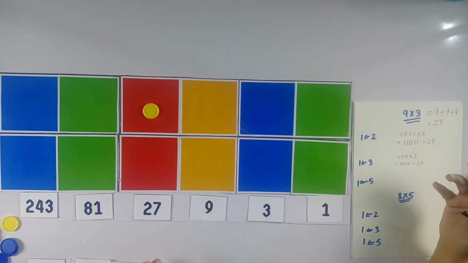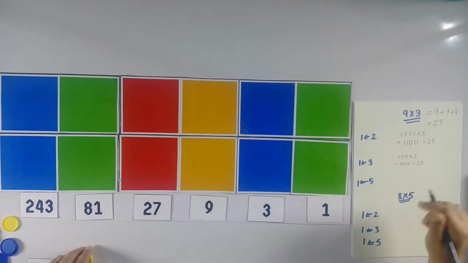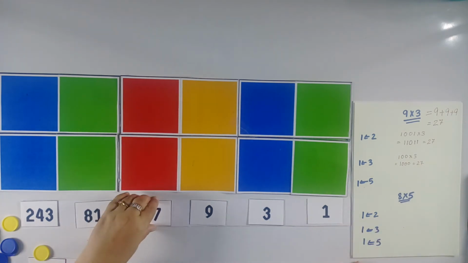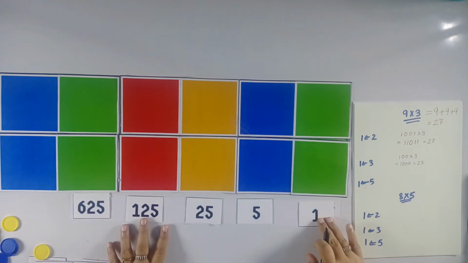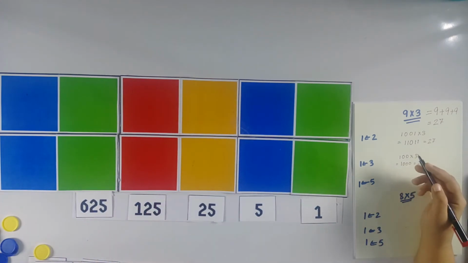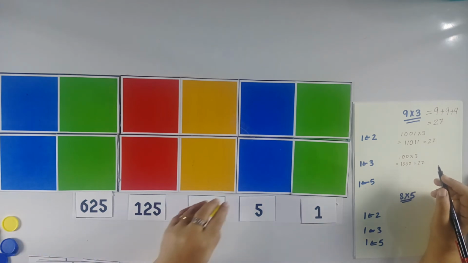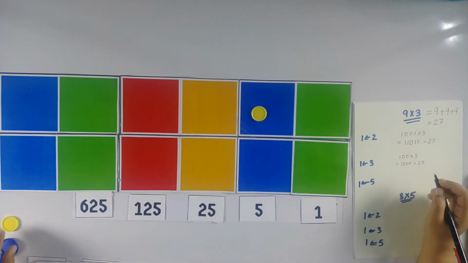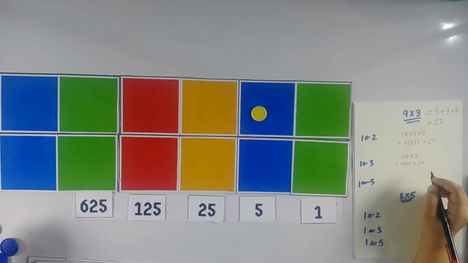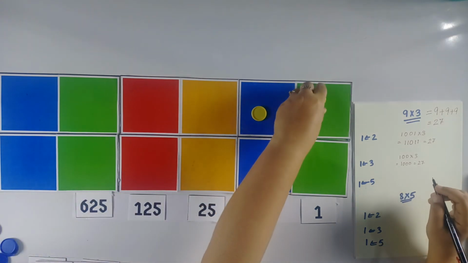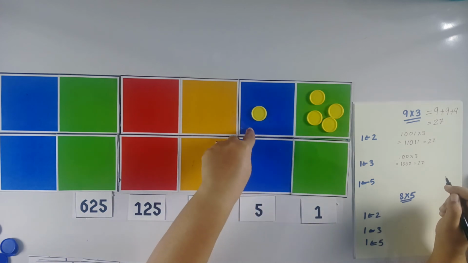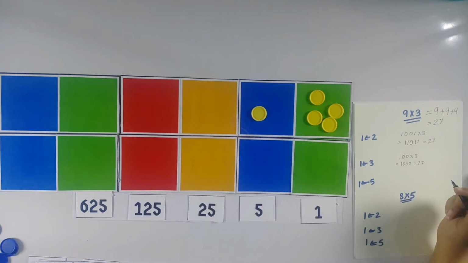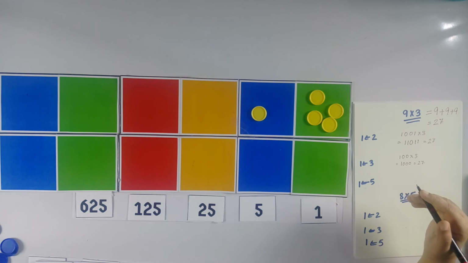What happens in a 5-1 machine? Okay, so let me have a 5-1 machine here. What's the code for 9 in a 5-1 machine? I have 1 dot for 5 and I have 4 dots for 1. So 1 dot of 5 plus 4 dots of 1, which makes 9.